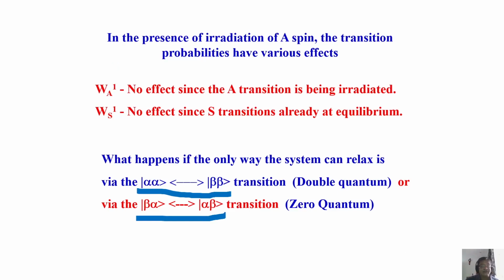But let us assume, for the time being, the only possible way for the spins to come back to thermal equilibrium is this way, double quantum, or this way, it is single quantum. You understand? Double quantum is alpha alpha to beta beta. Zero quantum is alpha beta to beta alpha. These were forbidden transitions as far as the detection is concerned. But I said, in the context of relaxation, they are allowed. Now let us see, if we follow that path, how does it work?